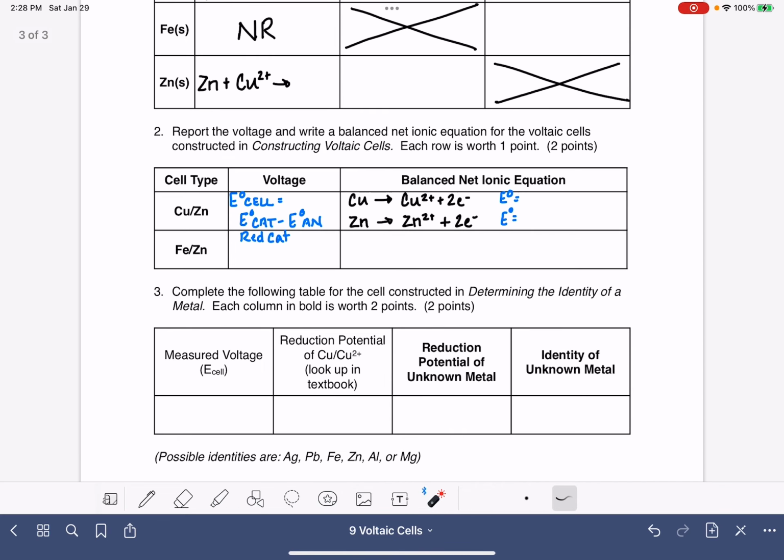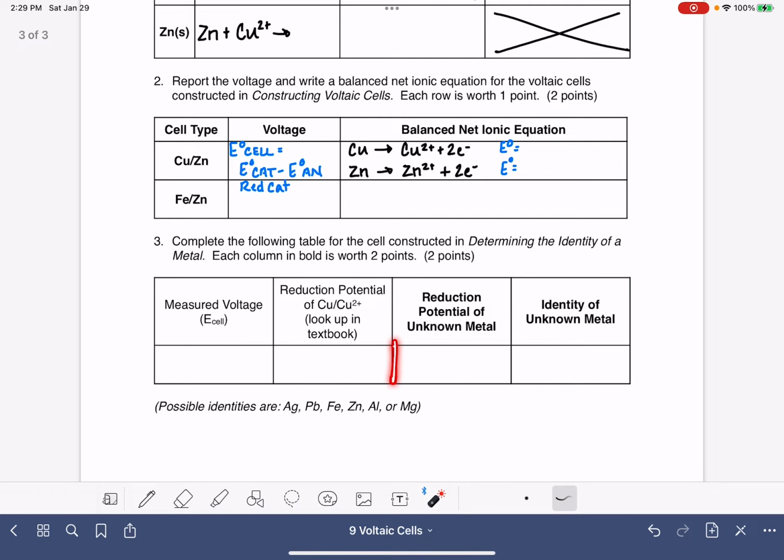Then the last problem on here, you made a 3rd voltaic cell. At this time, the cell was made from copper and an unknown substance, so you don't know what it is. You measured the voltage of that cell and you reported it right here. Now, you know that one of the components of the cell is the copper 2 plus, and you'll be looking up the voltage of that half reaction and writing it down here.